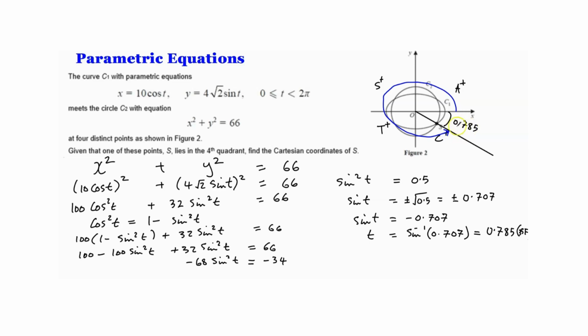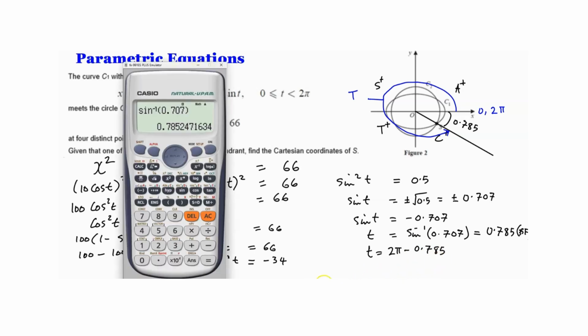So how do we work this out? If this is 0 or 2 pi, it means that we would have to subtract this value from 2 pi to work out our value of t. So our true value of t would be 2 pi minus 0.785.